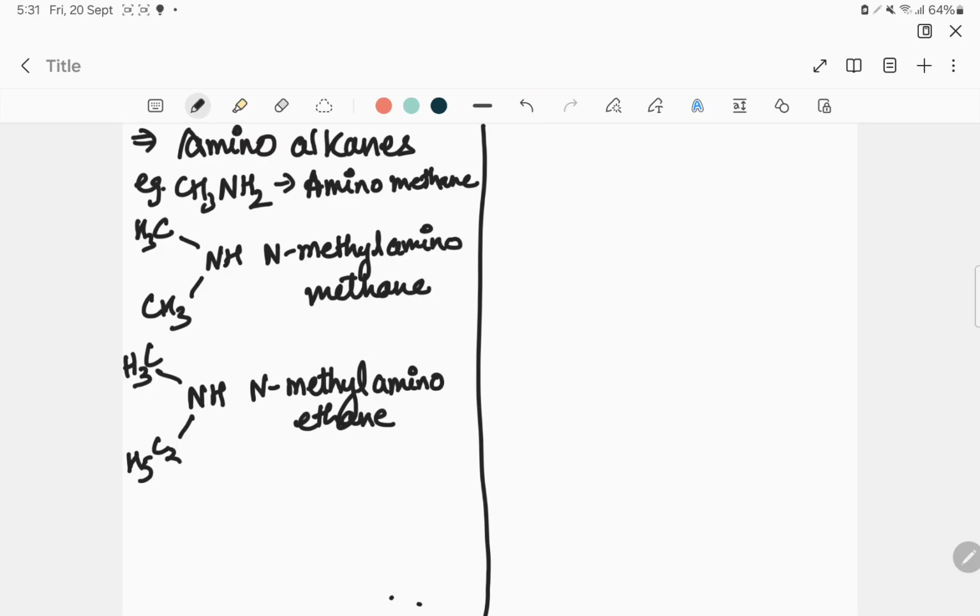Then the last system of the nomenclature will be the IUPAC system. In case of IUPAC, here we will name them as alkane minus E plus amine, or alkanamine.